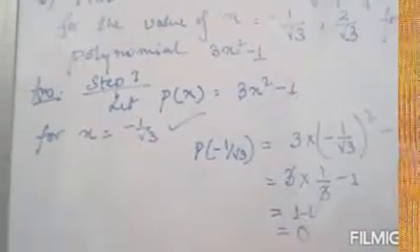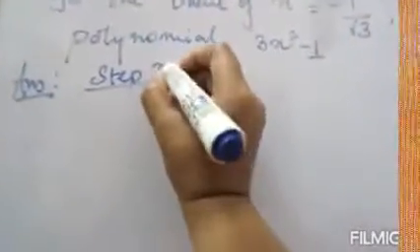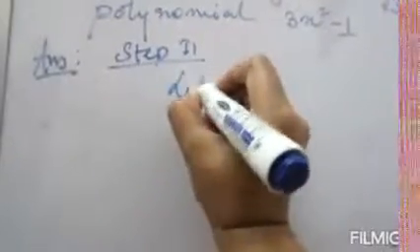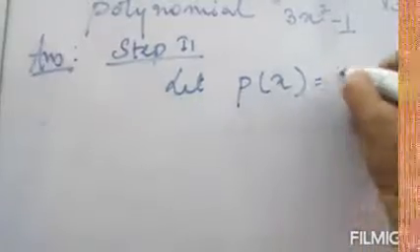Okay, I am erasing this part because I need to write step 2. Now for step 2, let p(x) is equal to 3x square minus 1, same way.